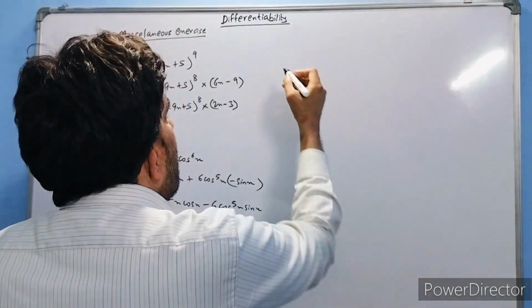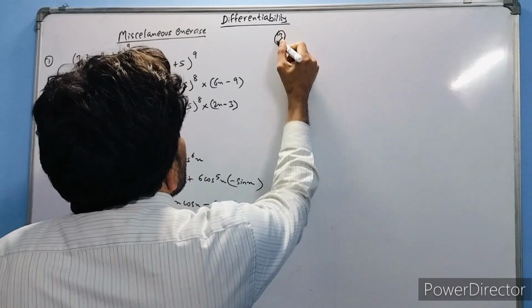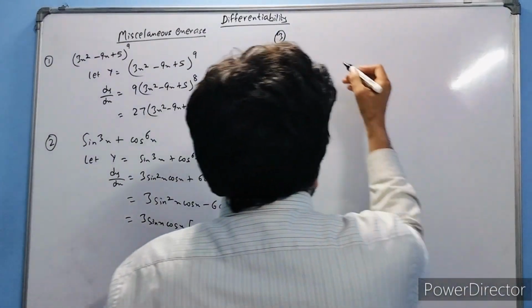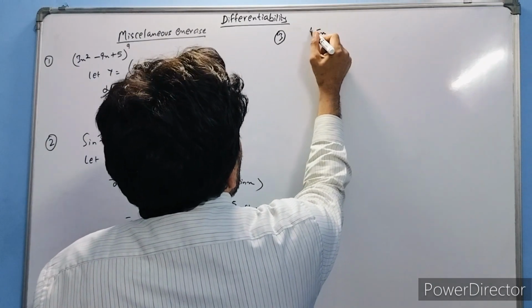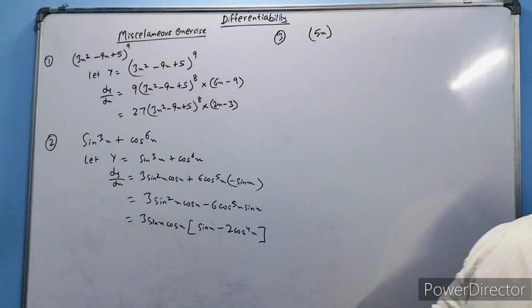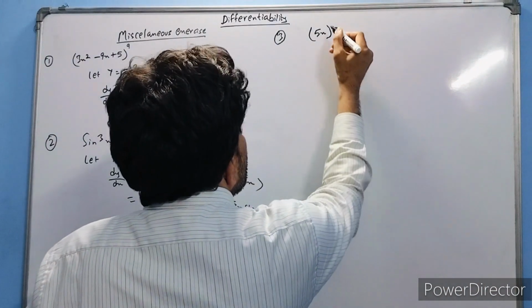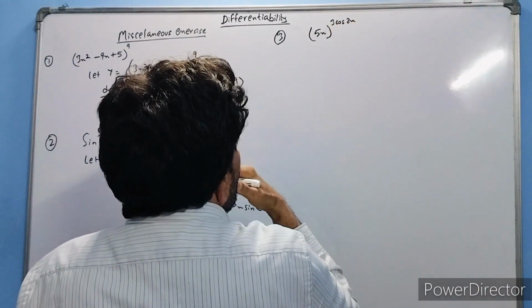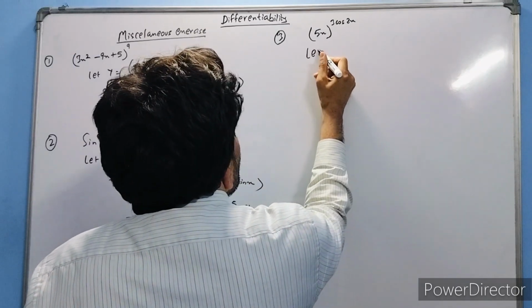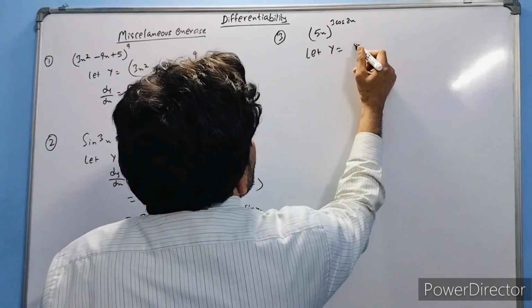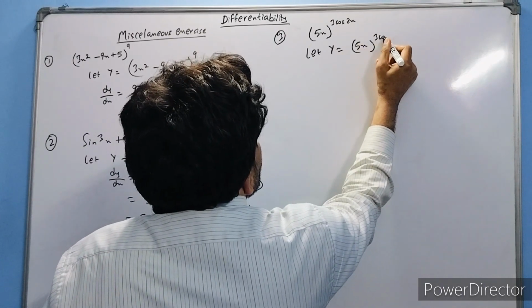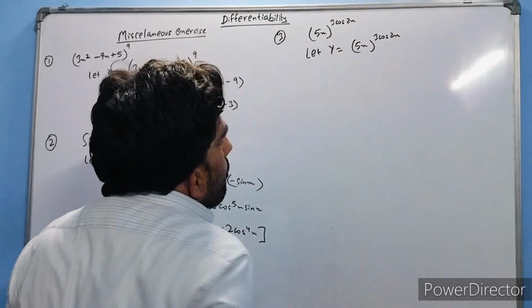Okay, so now we have the third question. So what does the third question say, let us see. They have given (5x) whole power 3 cos 2x. So now my first step will be, let y is equal to (5x) raised to 3 cos 2x.